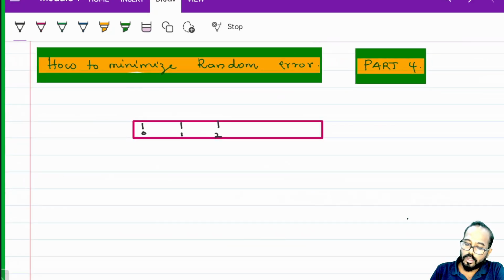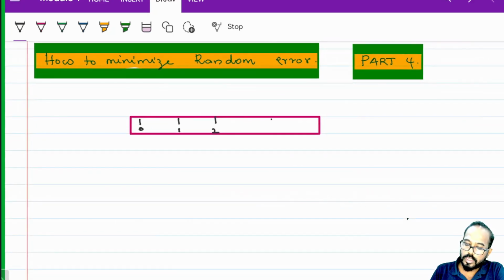Say this is 10 centimeter and this is 11 centimeter. Each centimeter is divided into 10 equal parts. 1, 2, 3, 4, 5, 6, 7, 8, 9, 10. Okay, 10 equal parts.